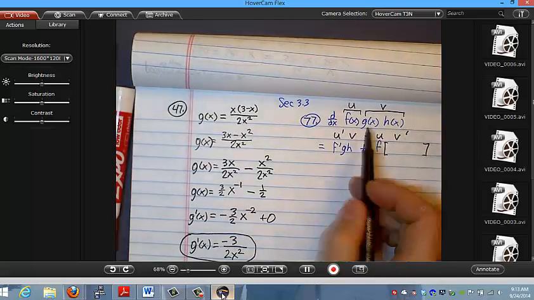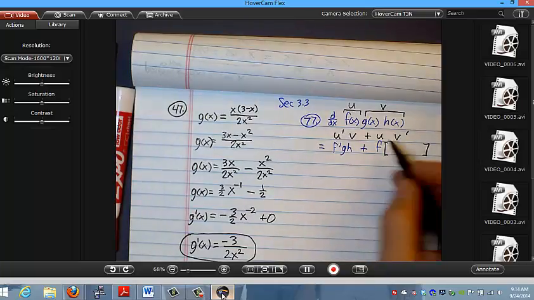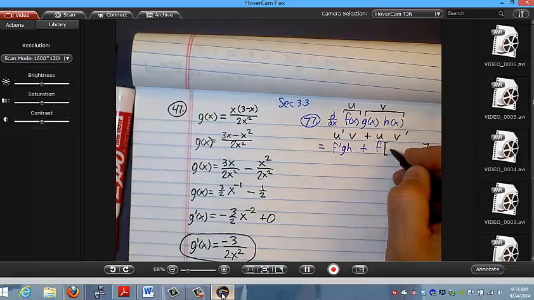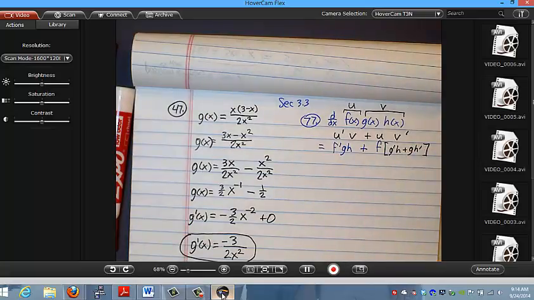I need the derivative of this product, which means I have to use product rule again. That's why they said you have to use the product rule twice. So doing the product rule on that product, I get g prime h plus gh prime. Right? That's the pattern. U prime v plus uv prime.